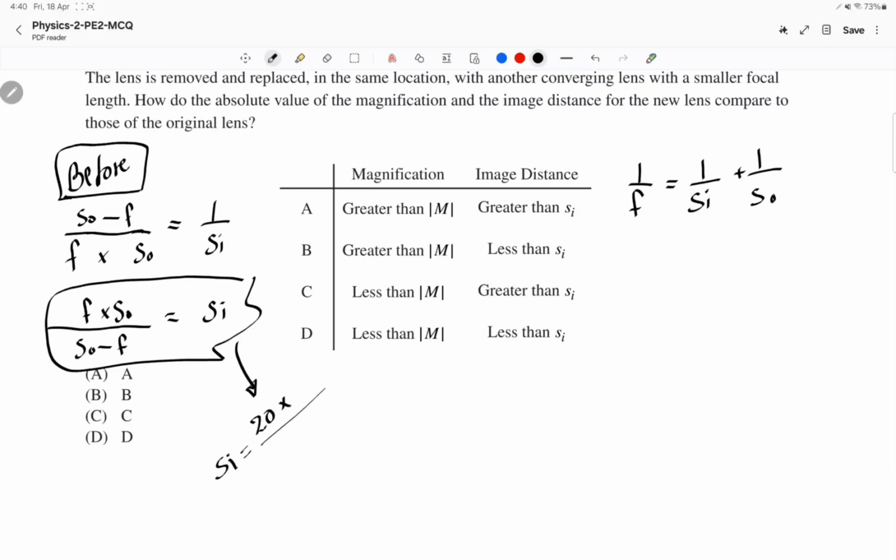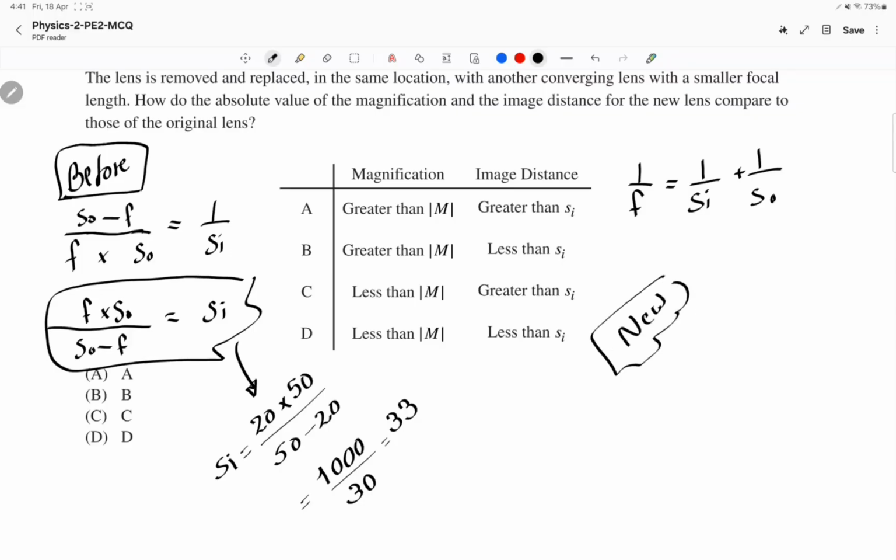So 20 times 50 over 50 minus 20. That is 1000 over 30, which is, I'm assuming, 33. Is it? Yeah. Okay, 33.333.